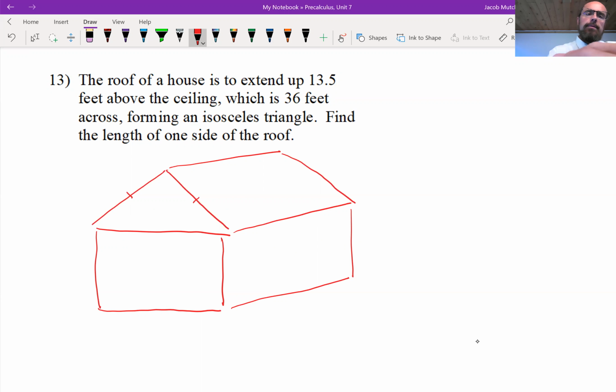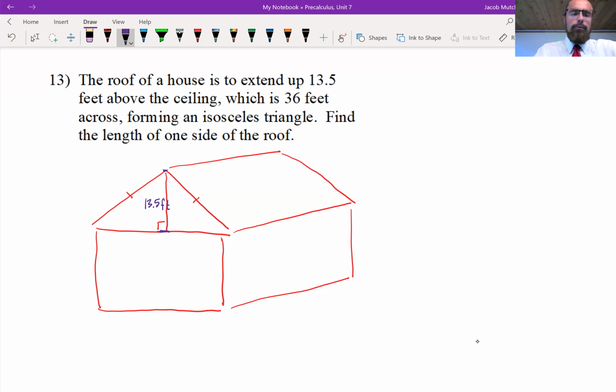And I need to mark some dimensions here. So if I were to put a vertical line to cut that end triangle into two, first of all, it would make a right triangle. And that part is 13.5 feet in length. Let me mark that. So from the ceiling, which would be here, up to the peak of the roof, it's 13.5 feet.